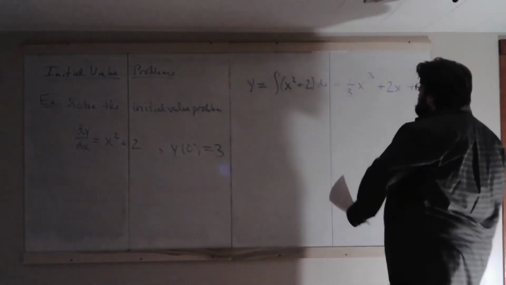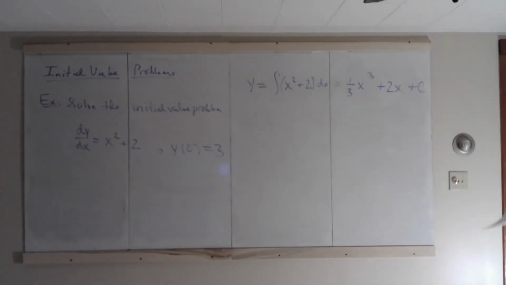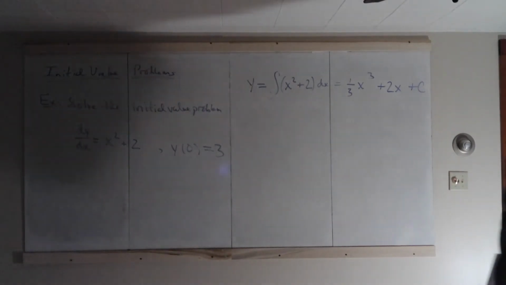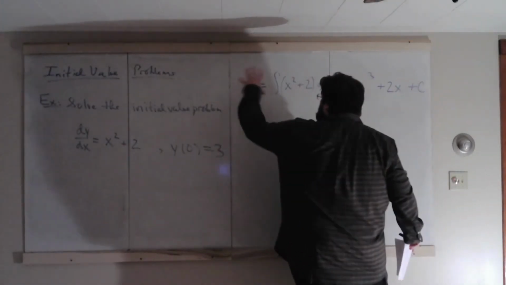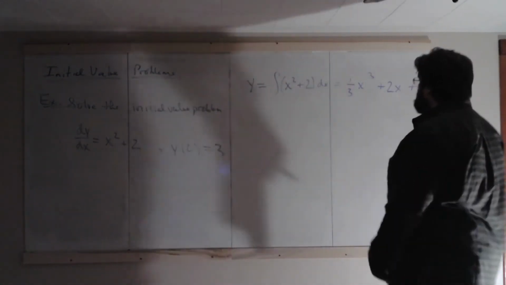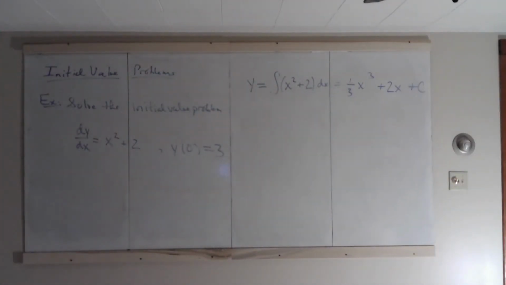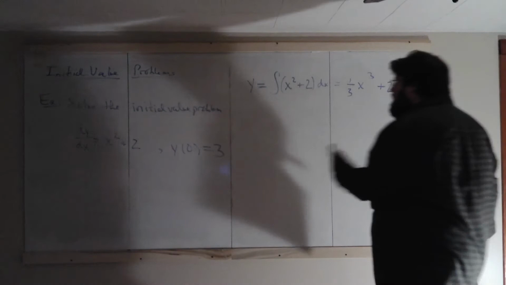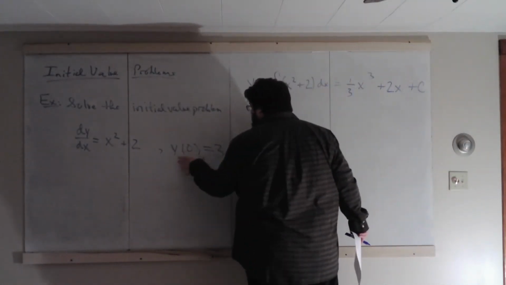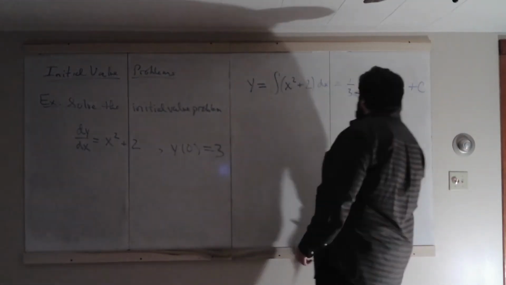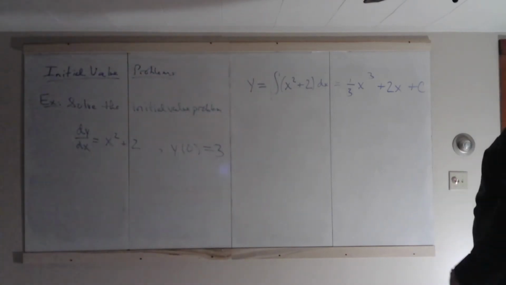But the indefinite integral tells us that there are infinitely many potential y's, depending on what that constant is. But this condition here tells us there's only one constant c which will satisfy that condition.